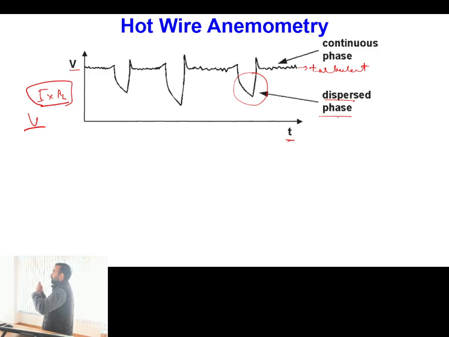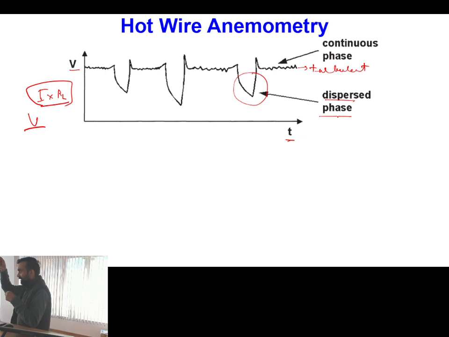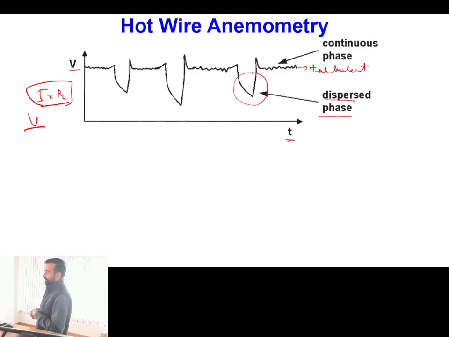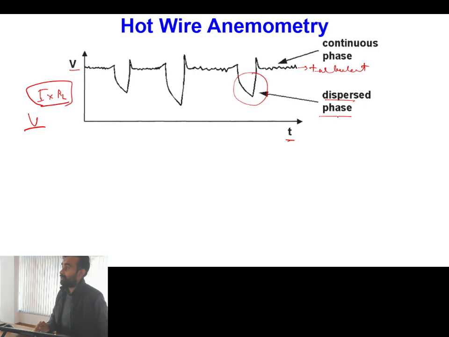So the corrective action of the closed loop system is to immediately decrease the value of the current so that it can meet the rate of heat transfer value. That's why the presence of a low conductivity dispersed phase will lead to a decrease in the voltage signal.